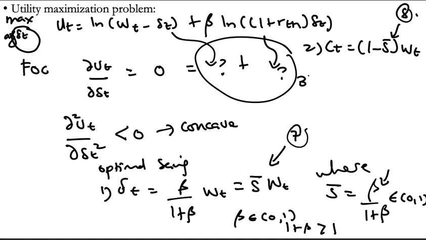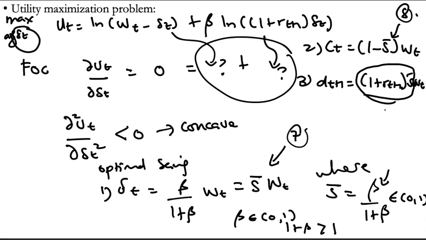Okay, now we can also find d t plus 1, the optimal level. It's going to be something like this: 1 plus r t plus 1, S bar w t. So you can see that the next period, or the old age consumption, is actually the amount of saving and its interest earning that we earn after we save some portion of income that we earn during youth, isn't it?